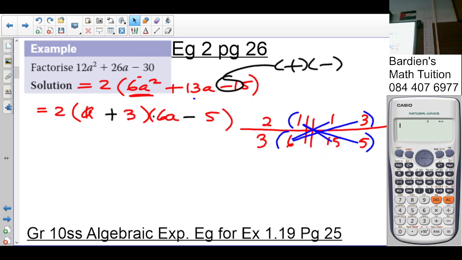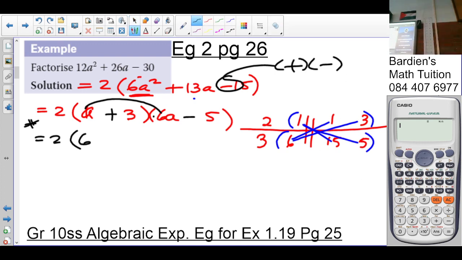We took the common factor throughout. We took out 2 here, there and there, or on the product line. Because when I multiply this out, that's going to give us 6a squared.